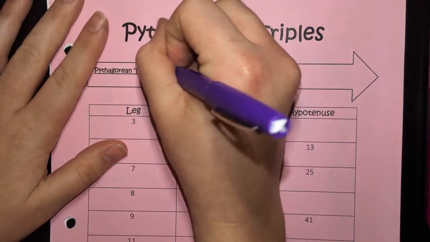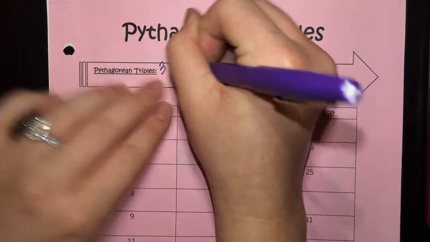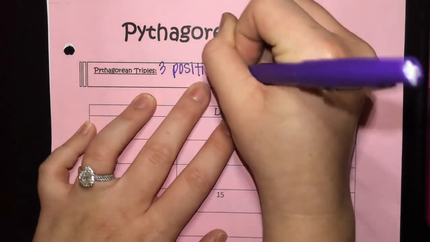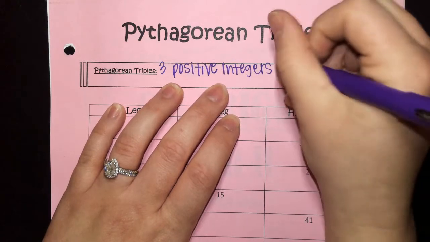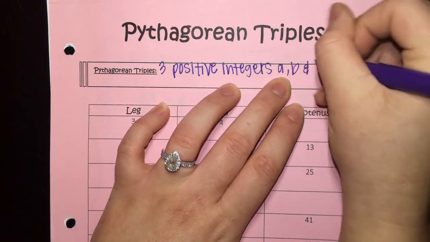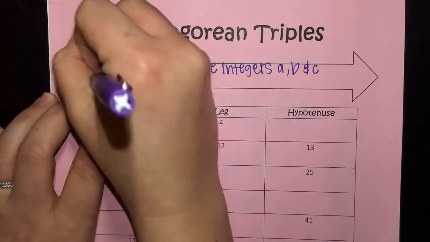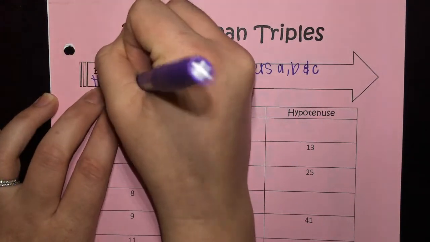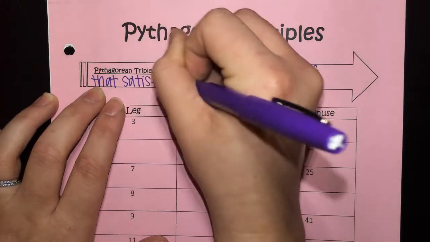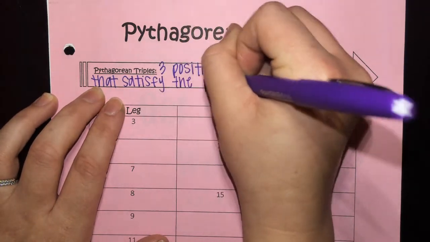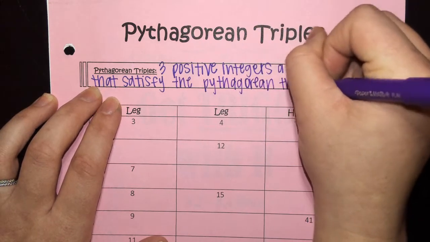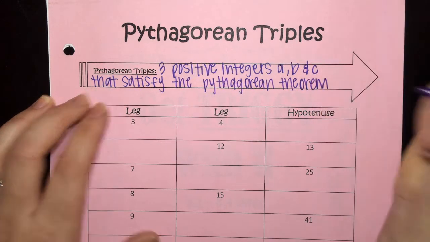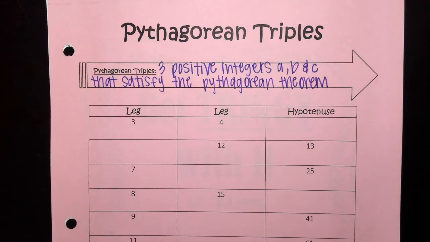So, this is what it means. 3 positive integers, A, B, and C, that satisfy the Pythagorean theorem.